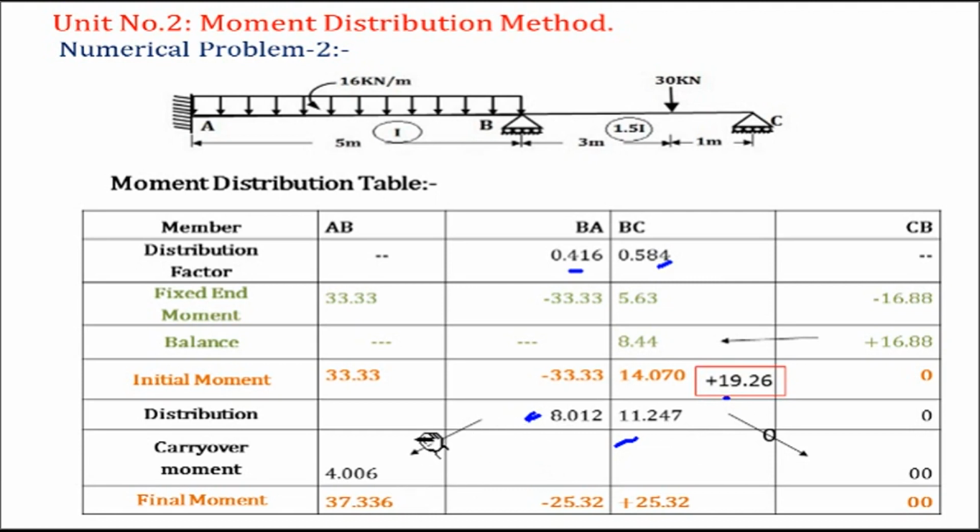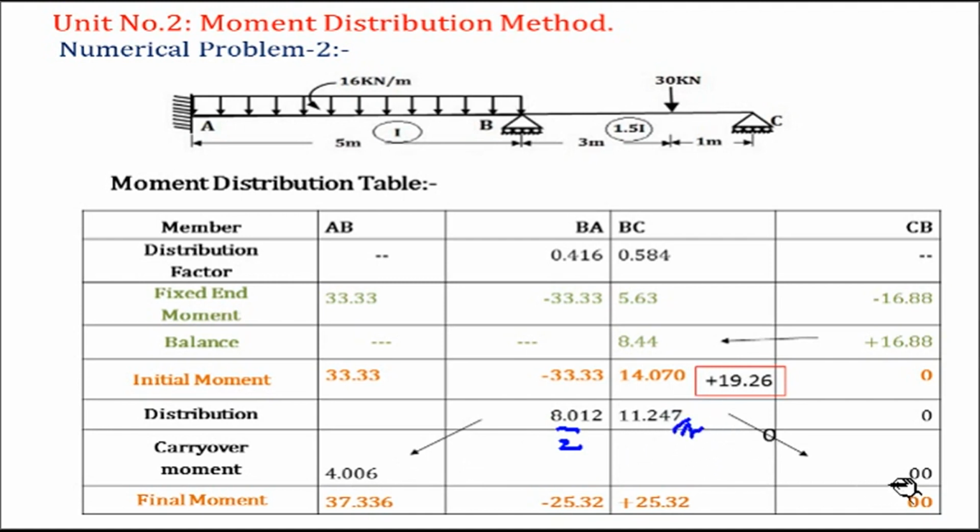Now do the carry over. Half moment you have to carry to the far end. So half moment, 8.012 divided by 2 becomes 4.006. Again you carry half of this 11.247.